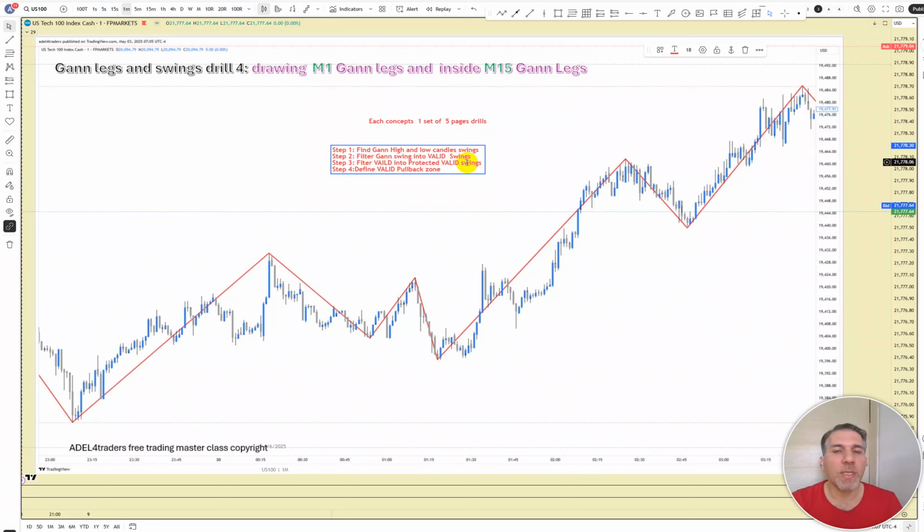After we have these protected valid highs and lows, we will have valid pullback zones. In these valid pullback zones, we can change our time frame and get inside the pivot points, I mean the higher highs or lower lows. The thing we're interested in is the last rally or last drop at the end of this pullback.